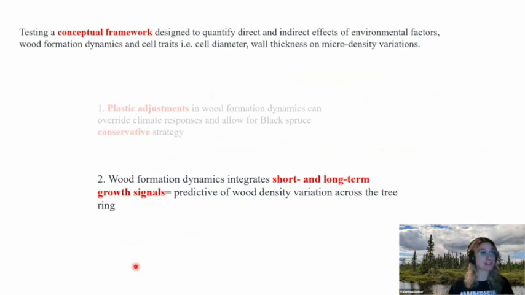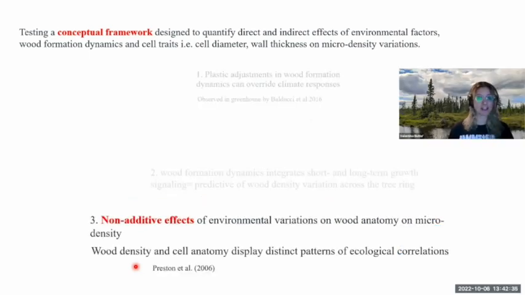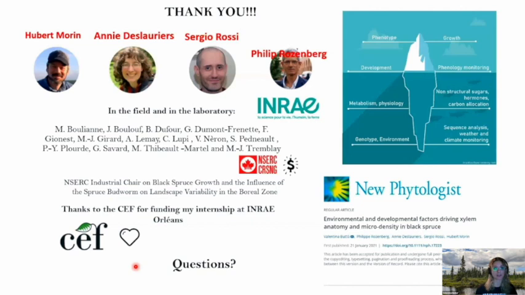For this, they have a very strong predictive power for predicting wood density and carbon allocation across the tree ring. And finally, we should stop considering that wood anatomy is a quantitative representation of microdensity, because there are non-additive effects of environmental variation on microdensity, and microdensity displays different ecological correlations when compared to cell anatomy.